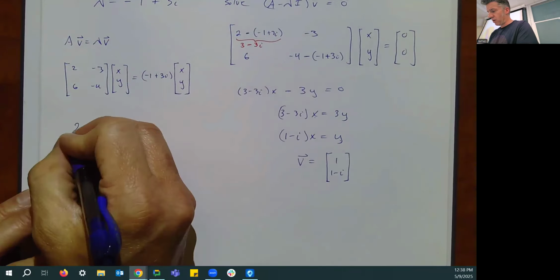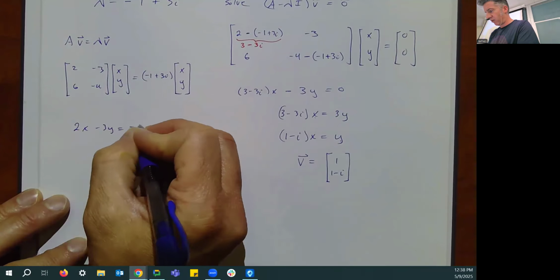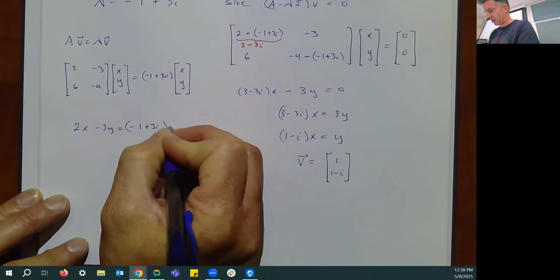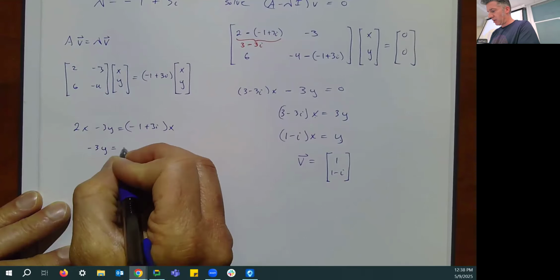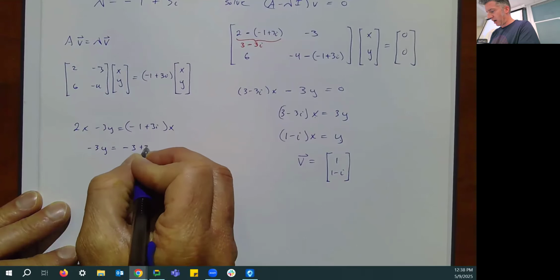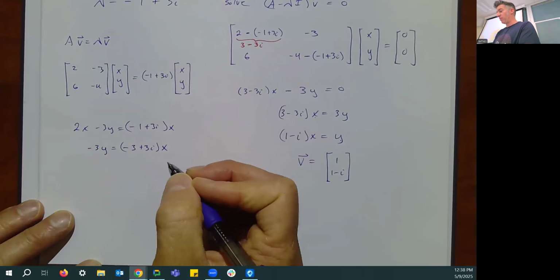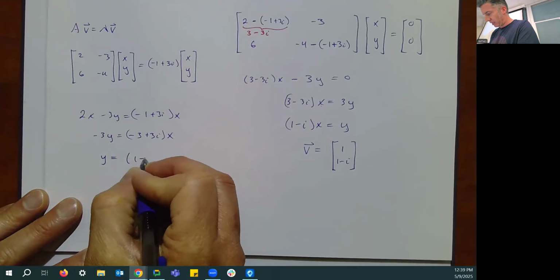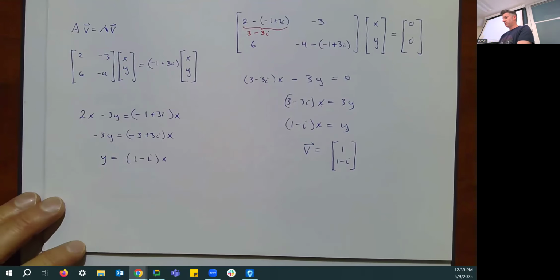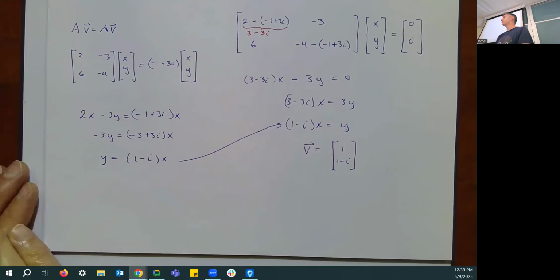You're going to get 2x minus 3y equal to negative 1 plus 3i times x. And then you subtract 2x from both sides, you get negative 3y equal to negative 3 plus 3i times x. And if you divide both sides by negative 3, you get y equal to positive 1 minus i times x. Same exact solutions over here.